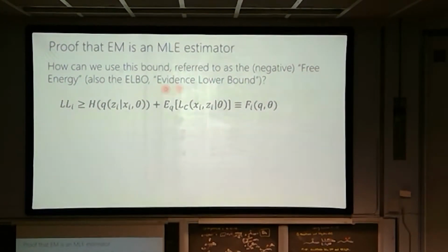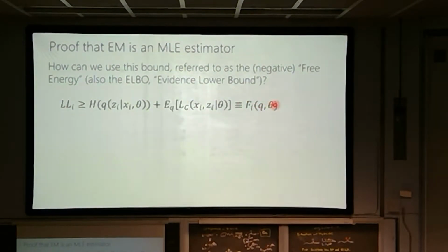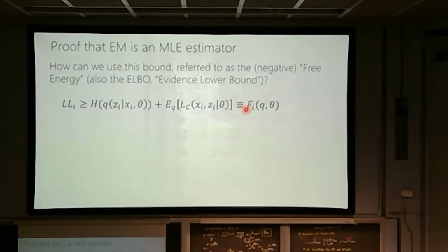Again, this is the bound, and basically what we're going to do is take this thing called the free energy, and first optimize it with respect to Q, and then optimize it with respect to theta, and go back and forth. It's going to be like an alternating coordinate ascent. And every time we optimize with respect to Q, what we're really doing is just setting it to the posterior, and when we do that, this is going to be an equality, and we'll actually have the likelihood.